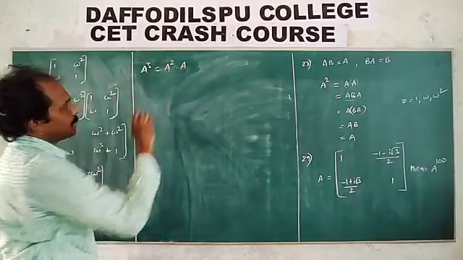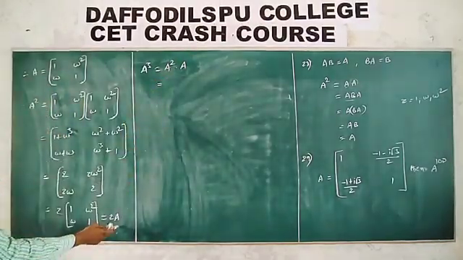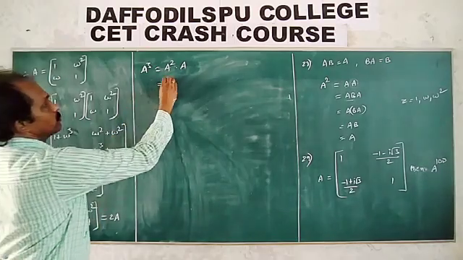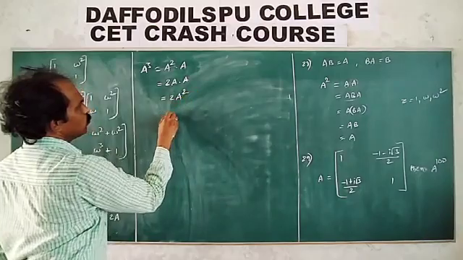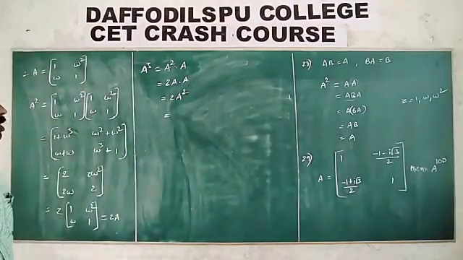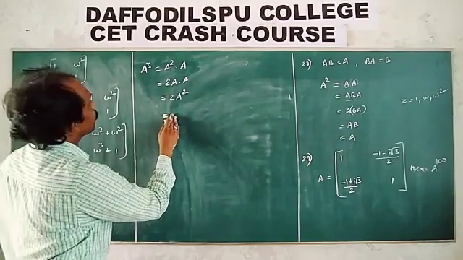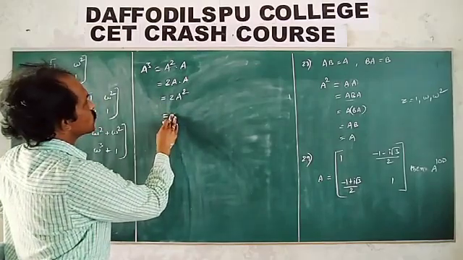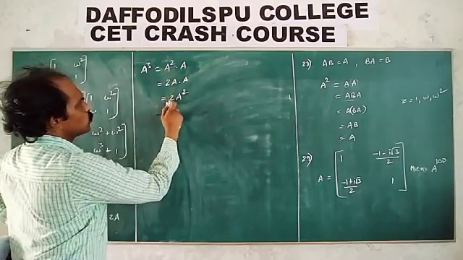A square into A, A square value 2A into A, 2A square. A cube is equal to 2A square.